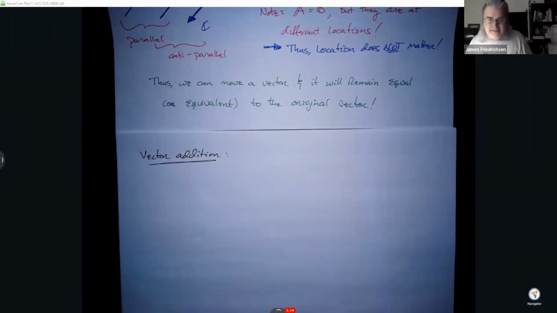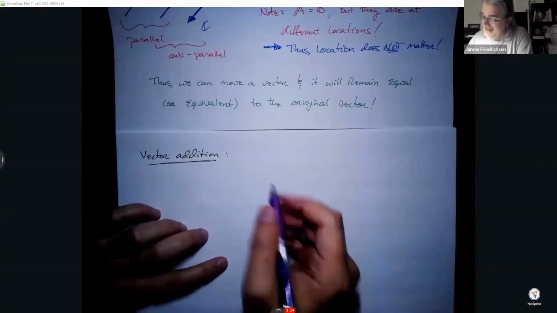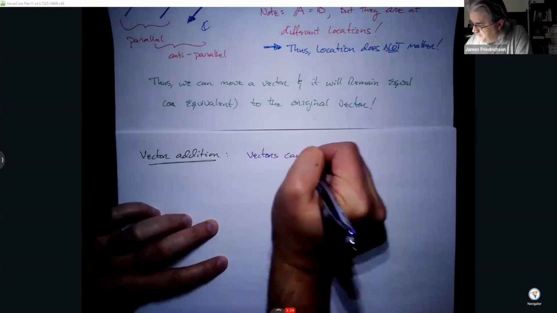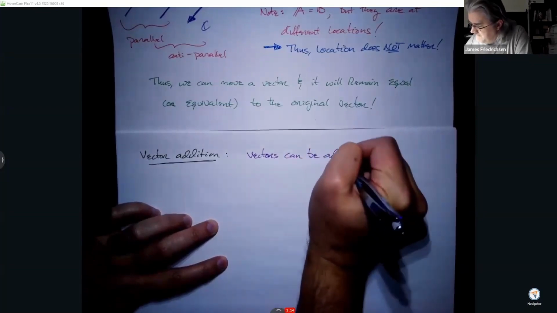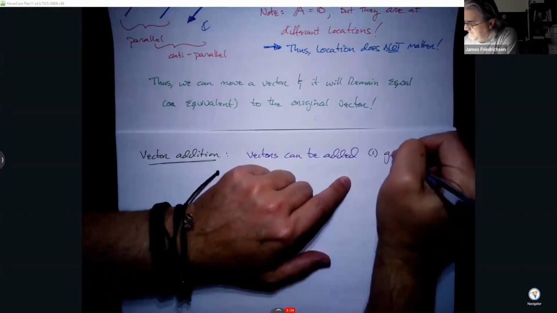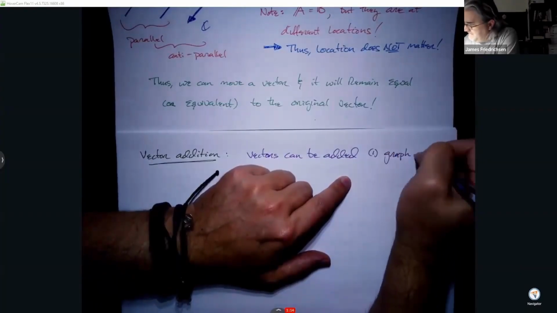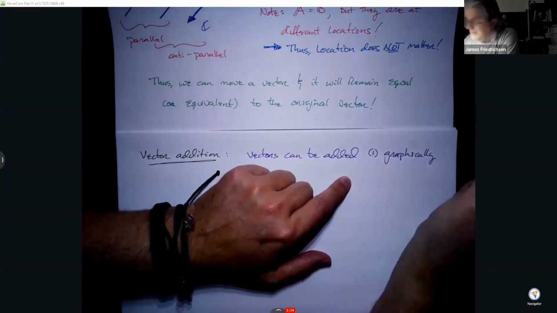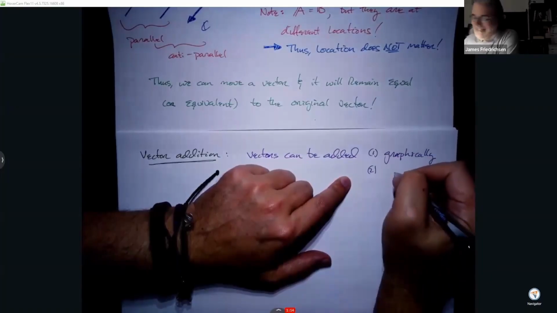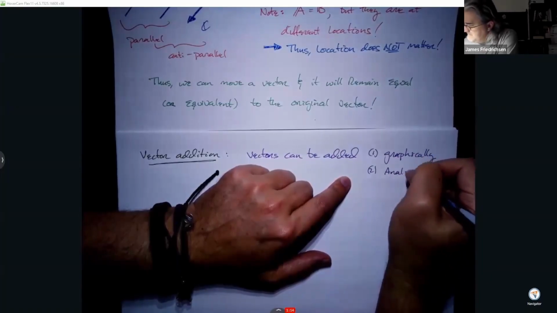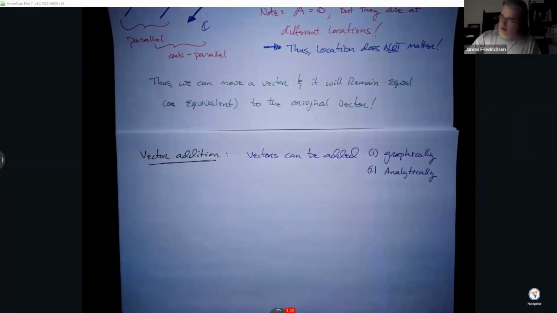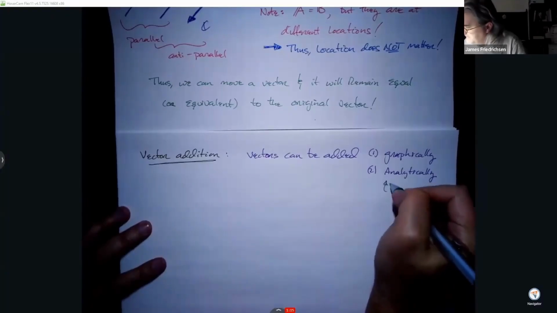And so what we can get is that vectors can be added graphically. They can be added analytically. Or if you wish, numerically.